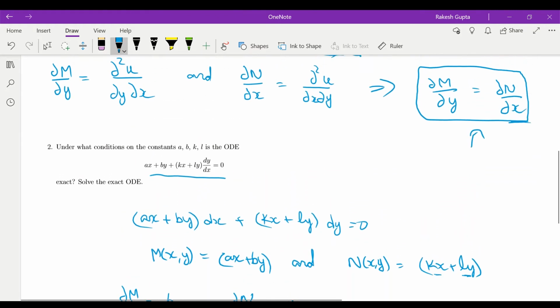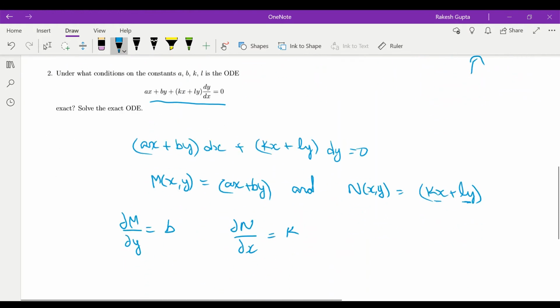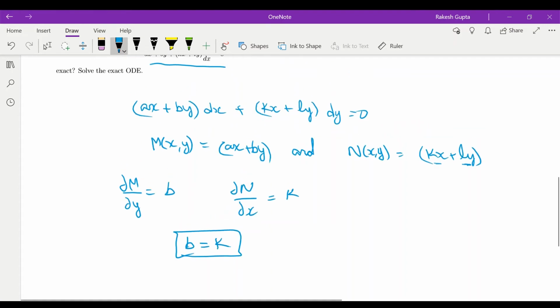So according to this condition, both of these are equal. So when b is equal to k, that is when this equation, which is given in the question, represents an exact ODE.